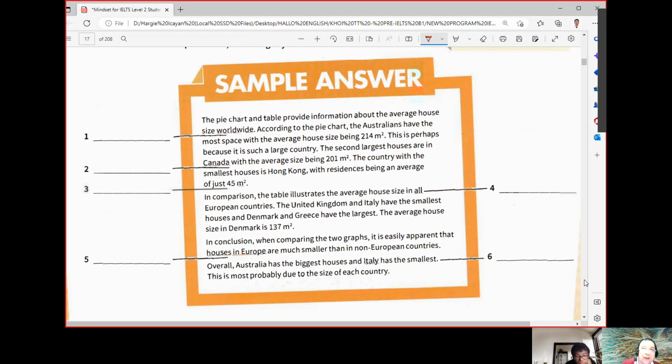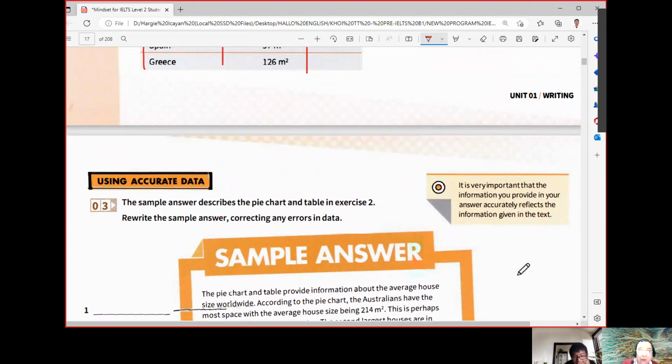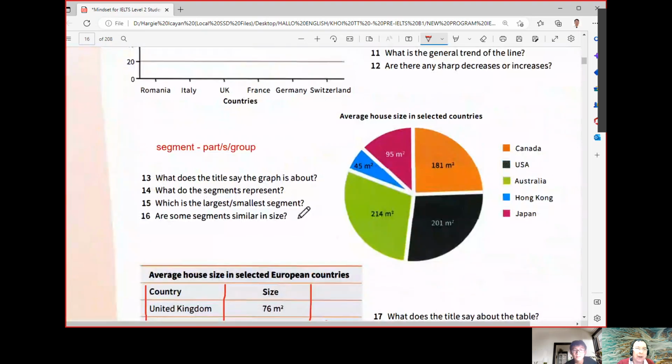What are the things that we should understand in answering this one? Look at this. It's very important that the information you provide in your answer accurately reflects the information given in the text. What does it mean? It means whatever would be your answer in here would also be the same as in the table.